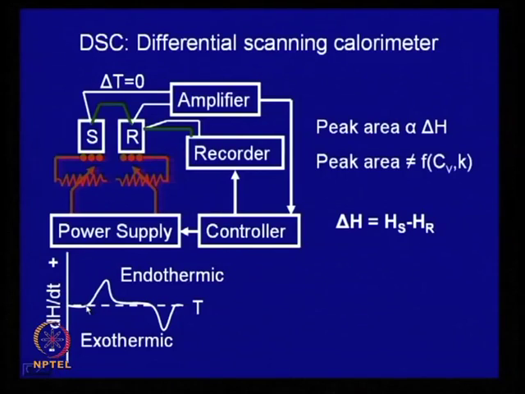This is because an endothermic peak here will be just opposite of the differential thermal analyzer. And since the heat effect is directly proportional to the differential power being supplied, the peak area is proportional to the latent heat of transformation, and it is not a function of thermal characteristics like specific heat and thermal conductivity.